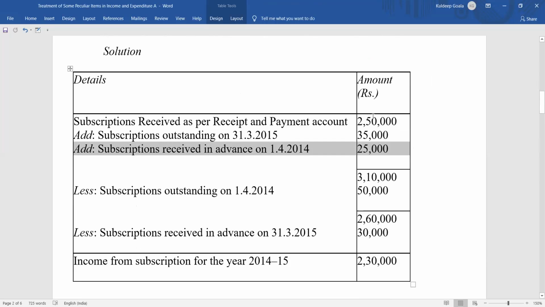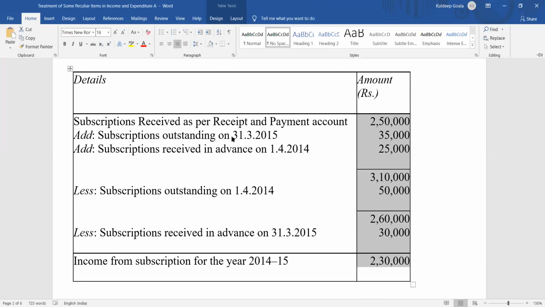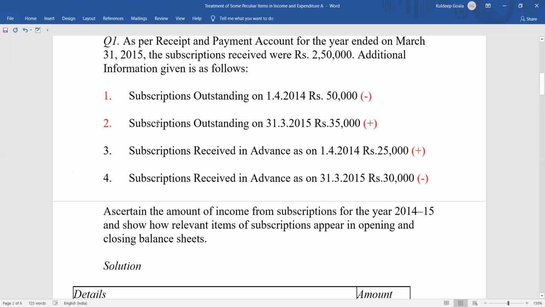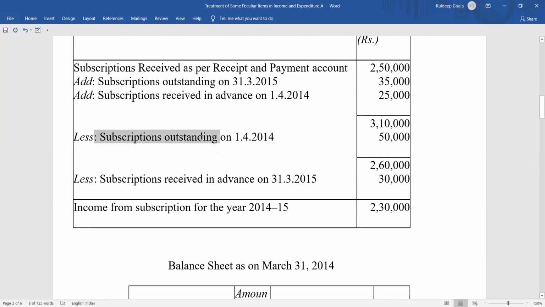Clear? Okay. So all the plus items are over. Then we'll go with the minus items. What is there? Subscription outstanding on 1/4/2014, 50,000. That will be deducted. So, less subscription outstanding on 1/4/2014, 50,000, deducted.